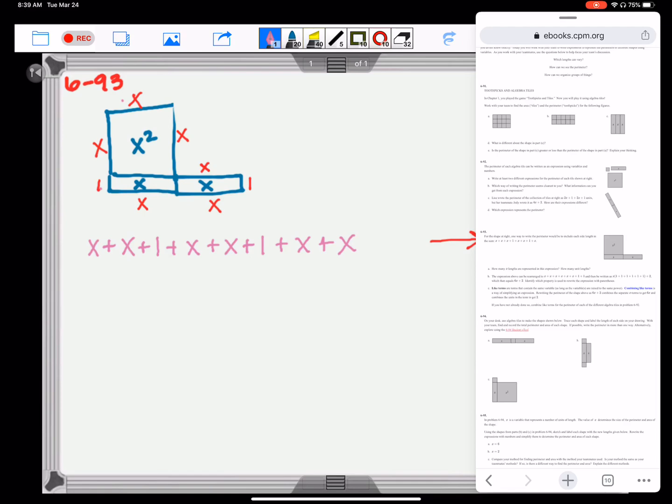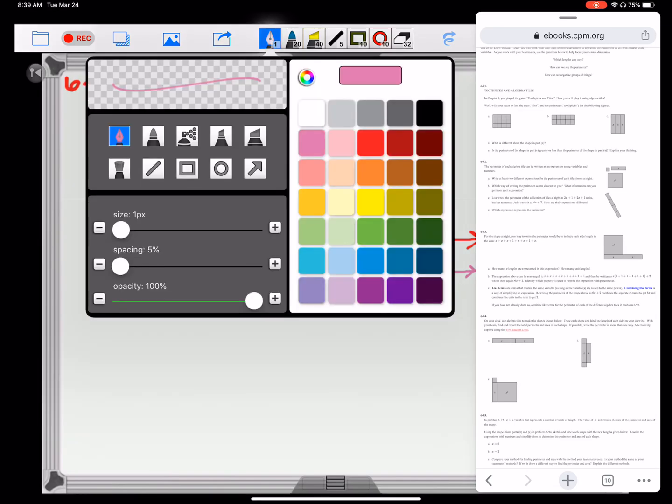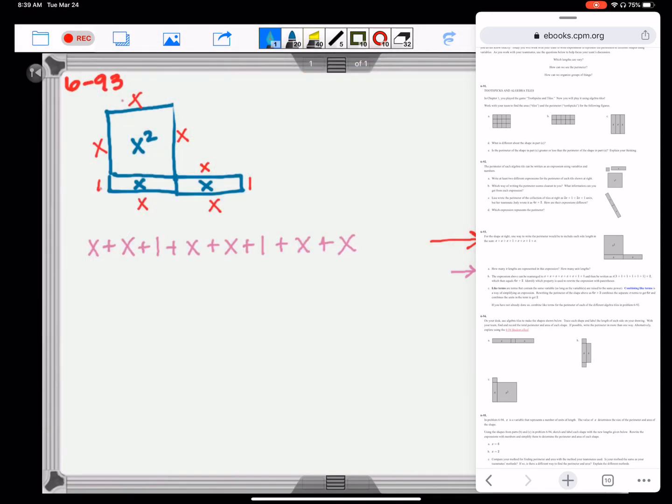Okay, and the question in CPM says for part A, how many x lengths are represented and how many unit lengths? Well, if I color code these, I have 1, 2, 3, 4, 5, 6 x lengths.